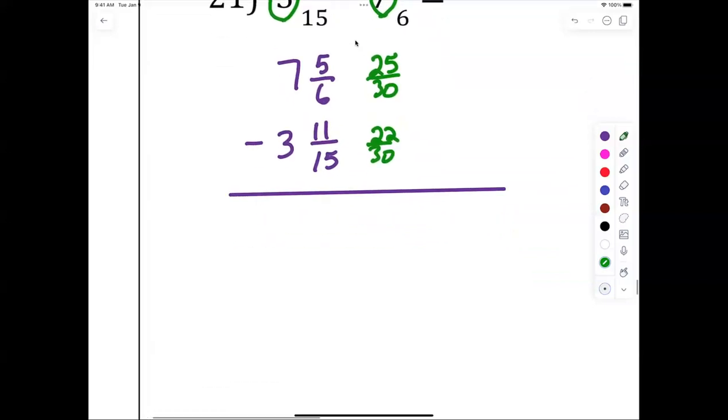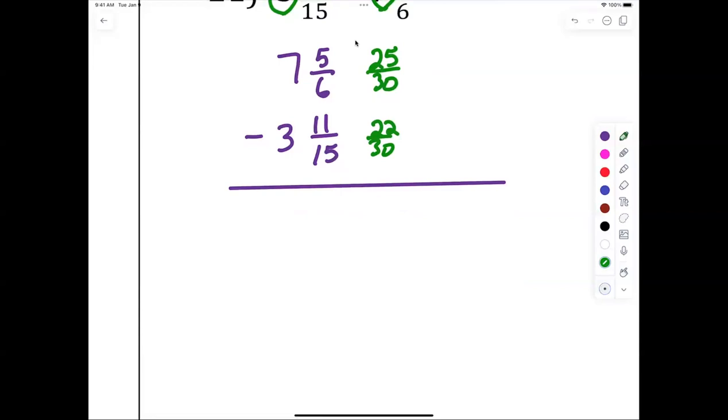All right, so 25 minus 22 is what? 3 over 30, and 7 minus 3 is? Okay, and then reduce that. Yes. You good with that? Yes.